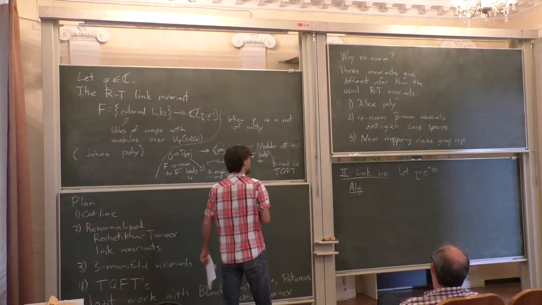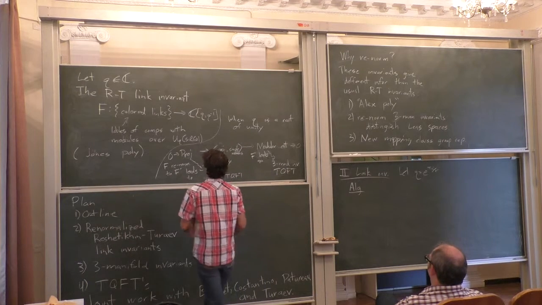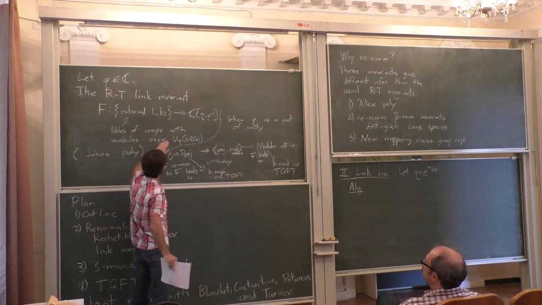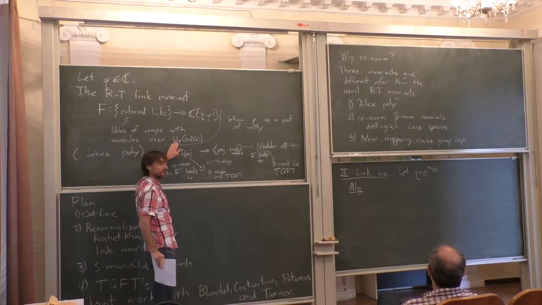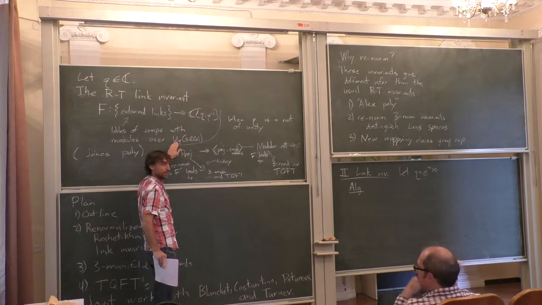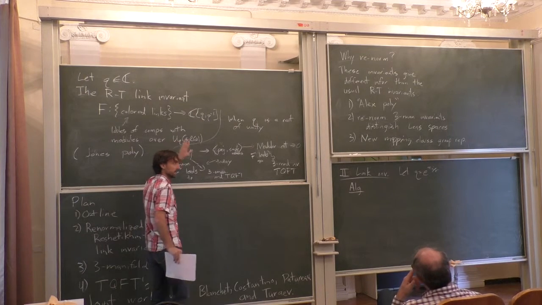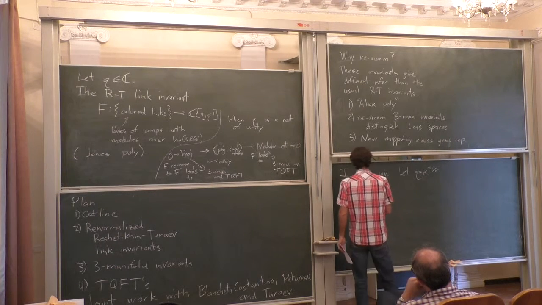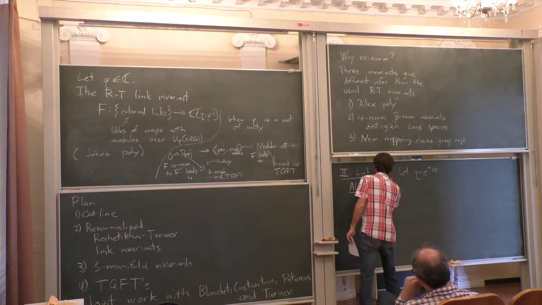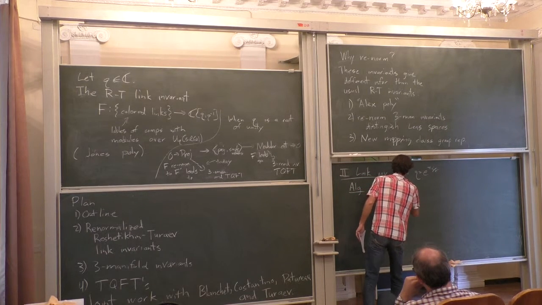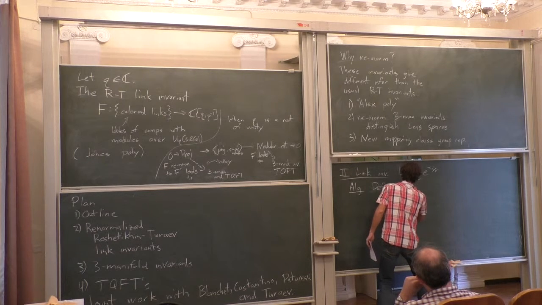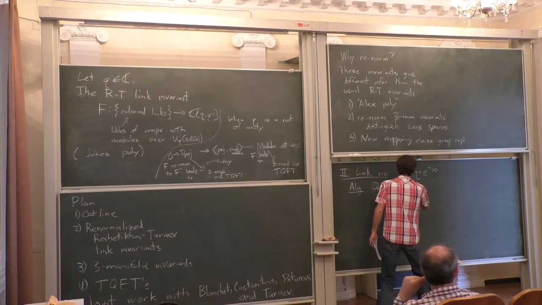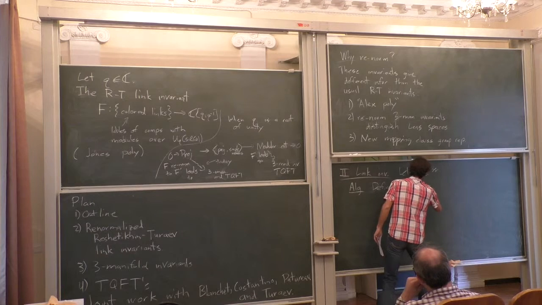And now what we want to do is say what these colors are. Before we used quantum SL2, and I'm going to modify quantum SL2 just a little bit to have a little more information, to get some more modules, to help us with this renormalized business. So the algebra I wanted to define: U_q^H of SL2 is the following algebra.